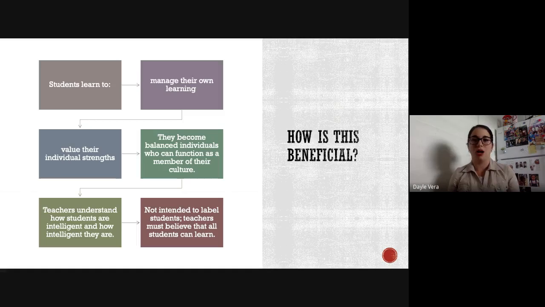They're just not learning because they're not inclined towards that specific section, but they are able to learn, and they in fact are smart. And also, multiple intelligence theory is not intended to label any students, because somebody is smart at one subject does not mean that he's not going to be smart at the other.